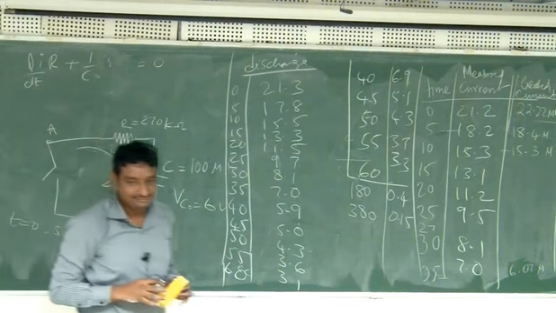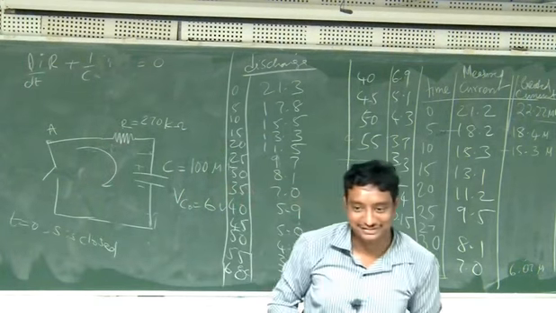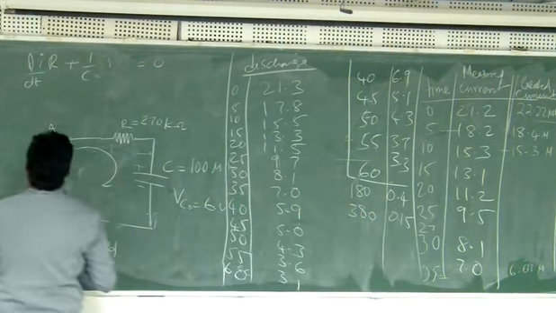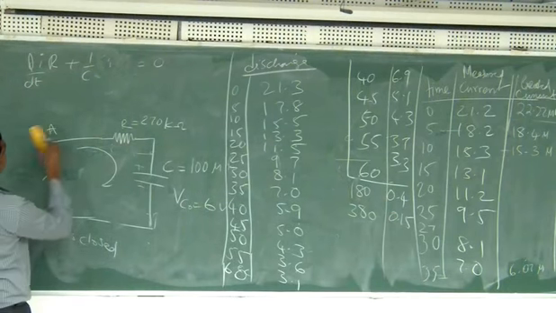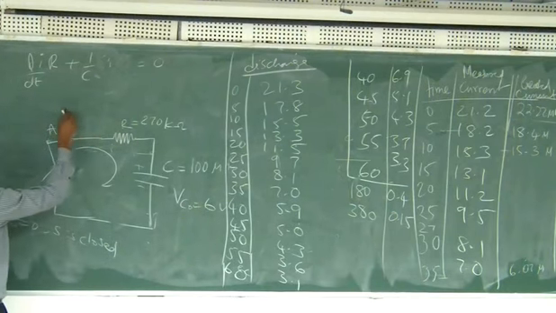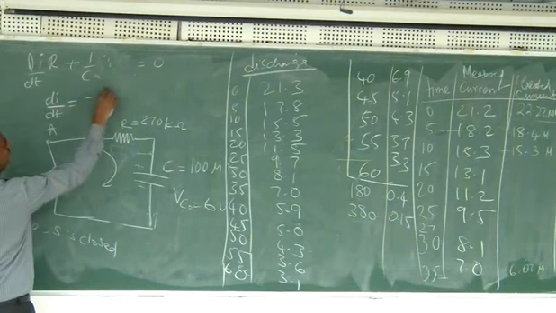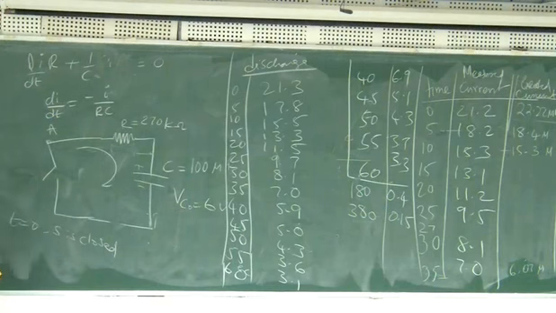Now if I write it like this: di by dt is equal to minus I divided by RC.